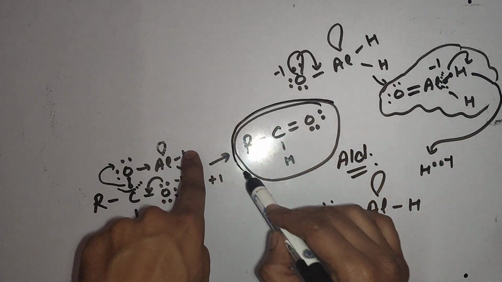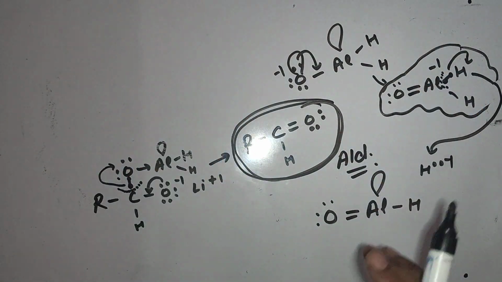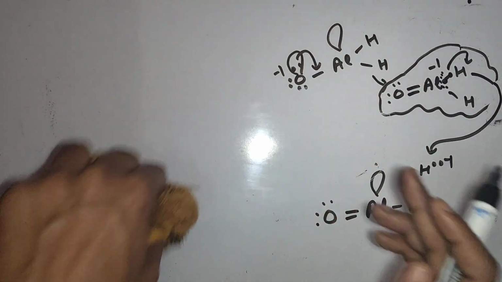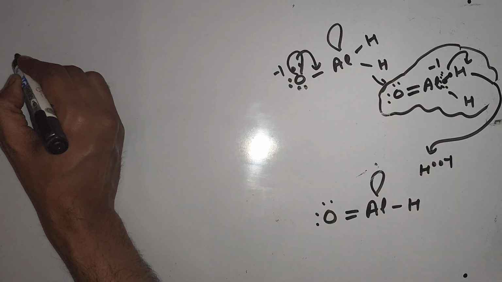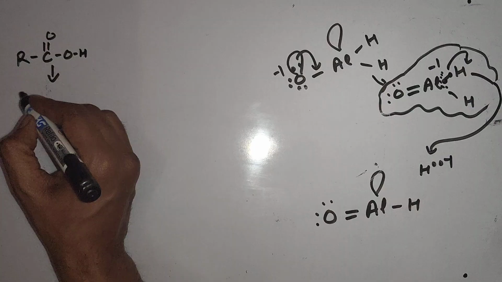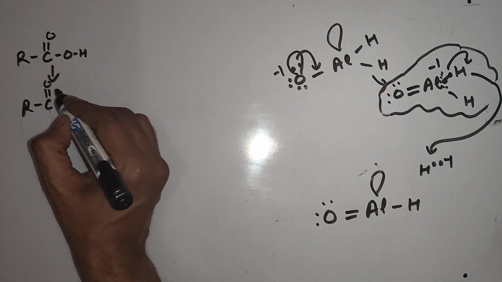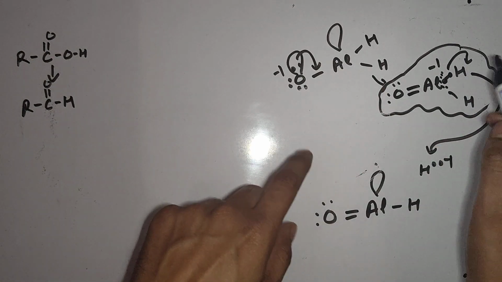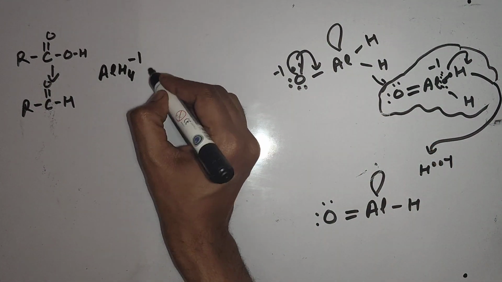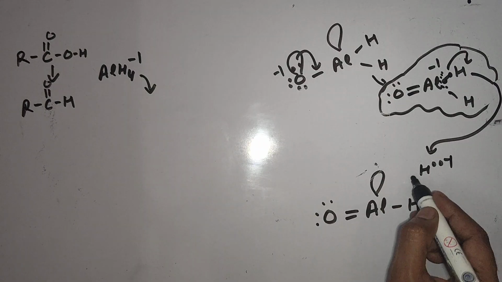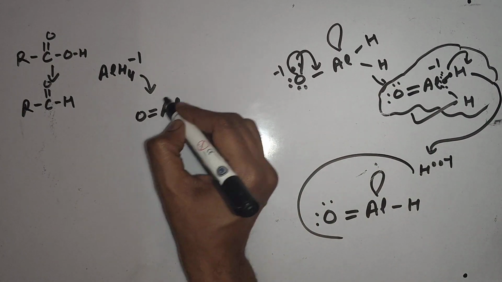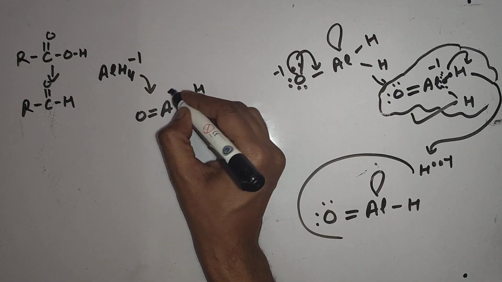Okay, keep in your mind one aldehyde particle is already generated. I am rubbing it. Let's write it on the side. One aldehyde particle is generated, or one carboxylic acid particle is changed to an aldehyde particle. Okay. Now the aluminium hydride which we have used, AlH4 negative, has changed itself to this particle, AlOH H negative.